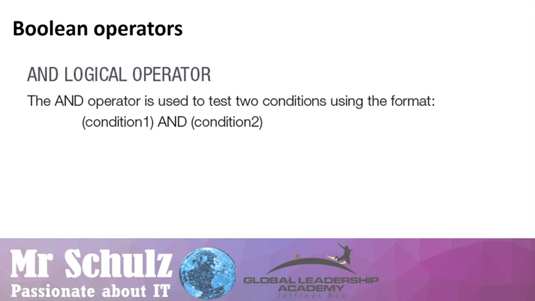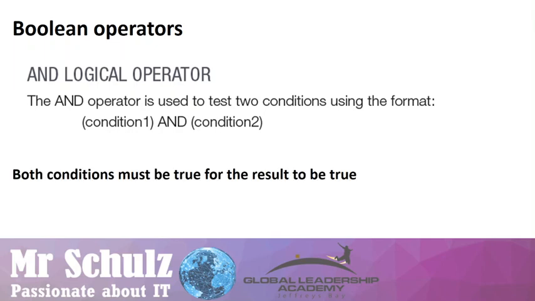So our first Boolean operator is the AND one. The AND operator is used to test two conditions in the following format: condition 1 and condition 2. So you can see it combines two conditions. With the AND operator, both conditions must be true for the result to be true.